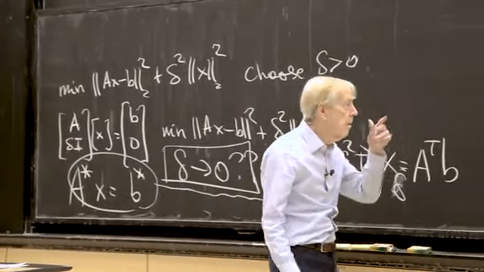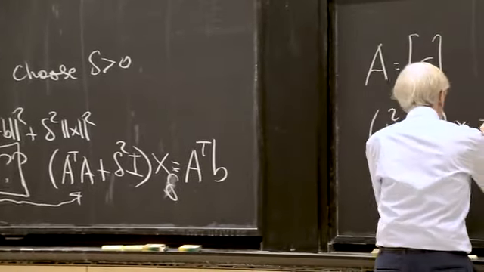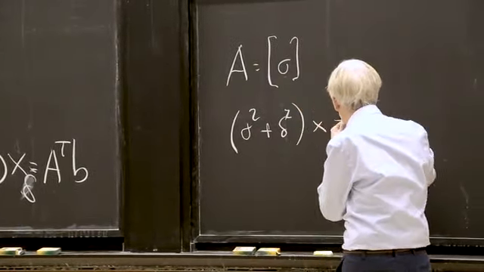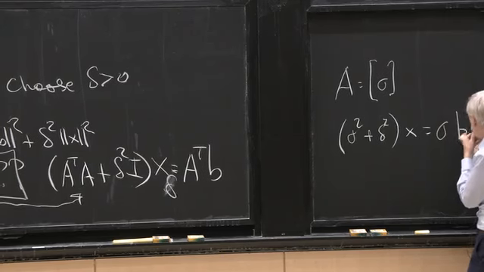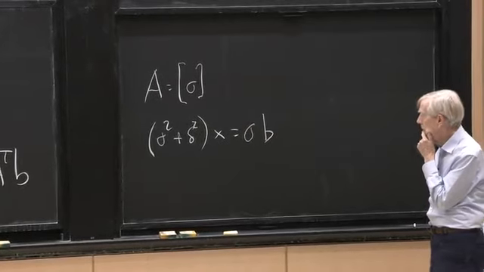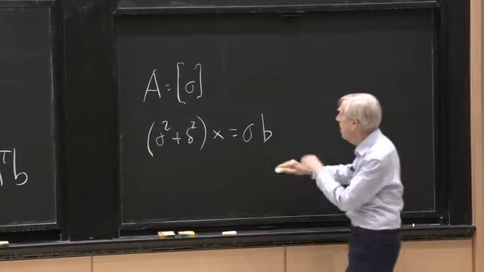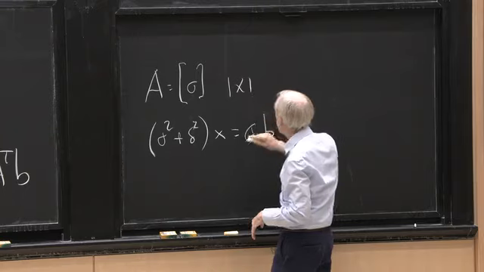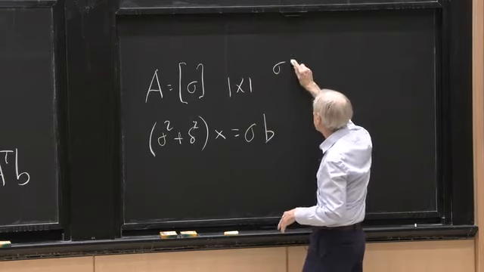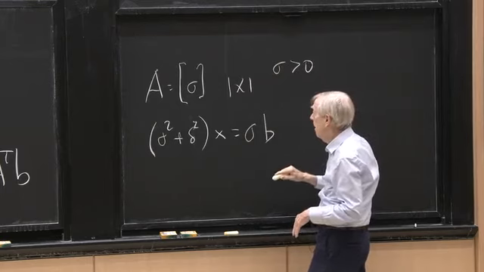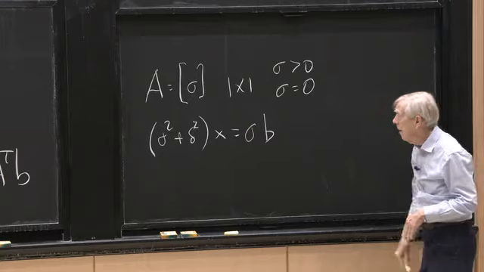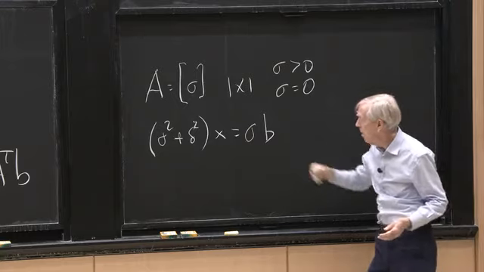And let me keep going on this 1 by 1 case. This would be A transpose A, which is just sigma. I think it's just sigma B. Okay, so this is A is 1 by 1. And there are two cases here, sigma bigger than 0 or sigma equals 0. And in either case, I just want to know what's the limit.